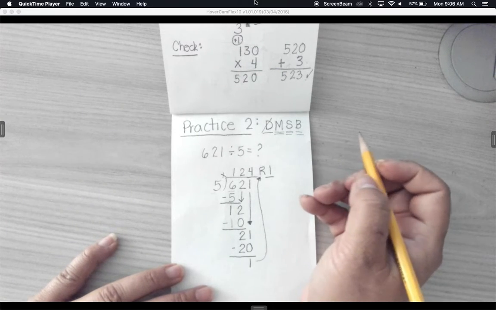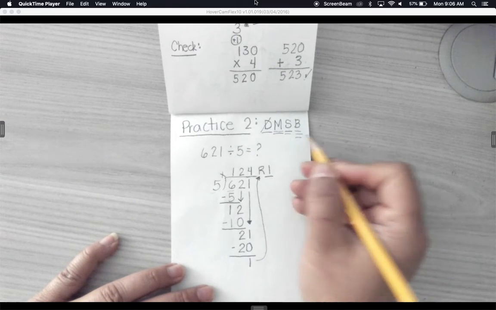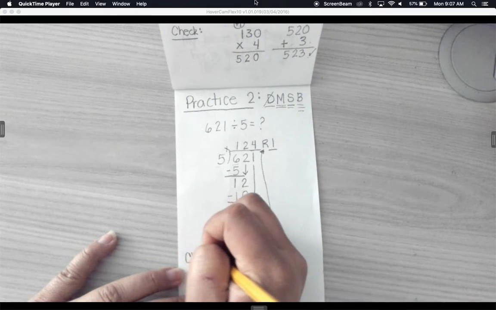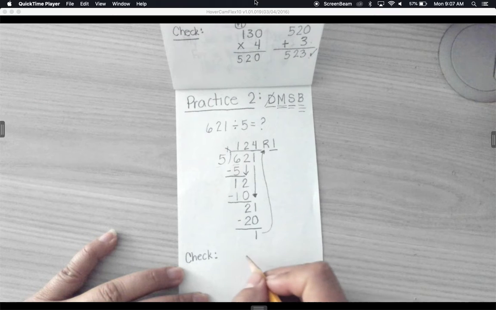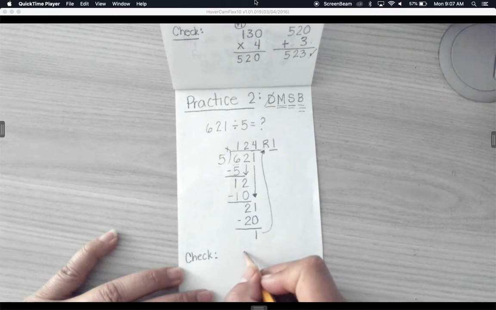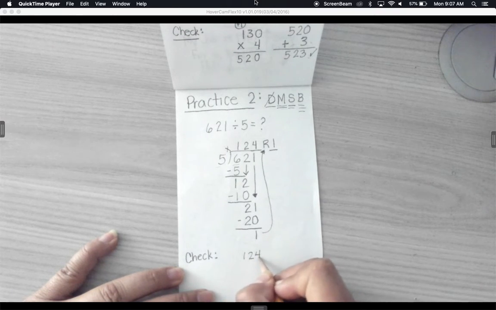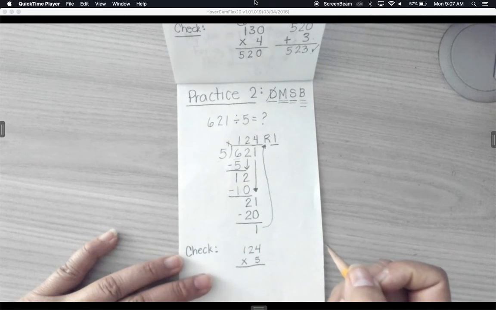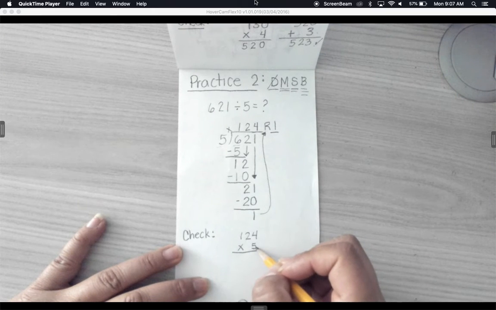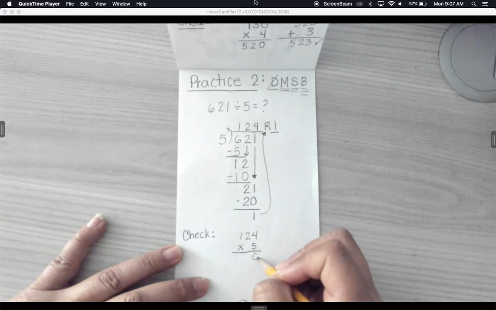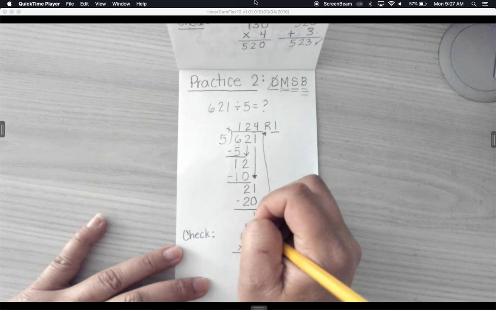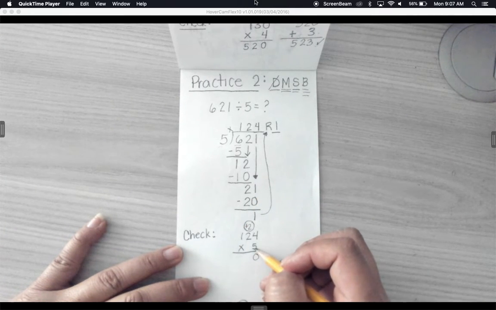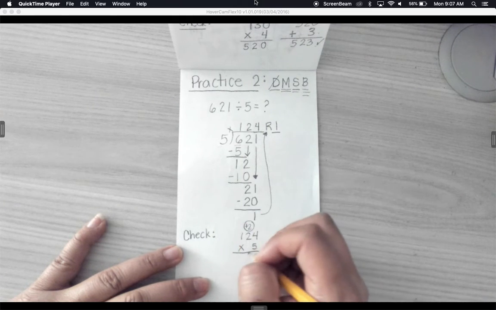And now brother says I have to check it. So let's check our work. 124 times 5. 4 times 5 is 20. Carry the plus 2. 2 times 5 is 10. Plus 2 is 12.